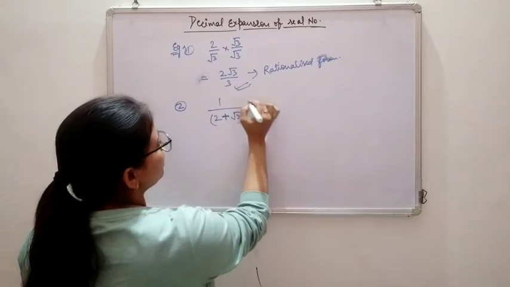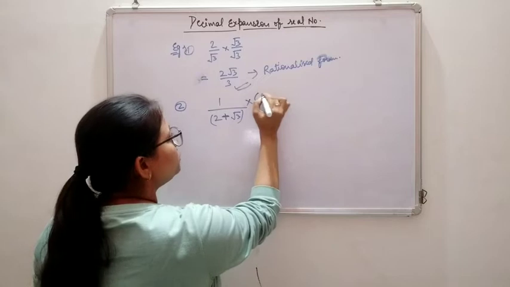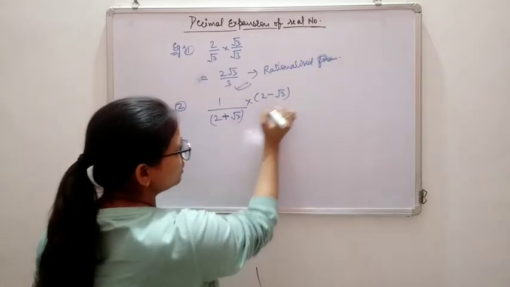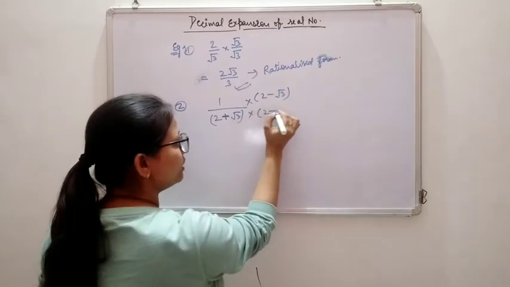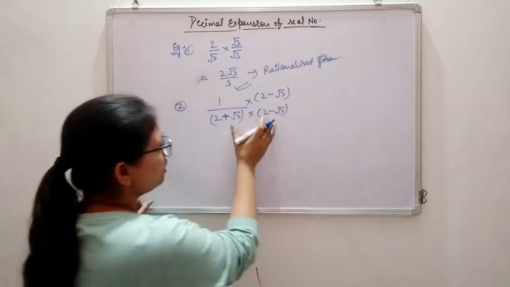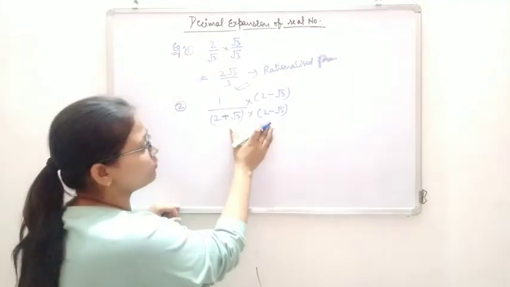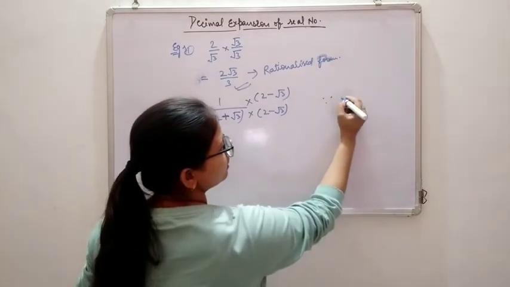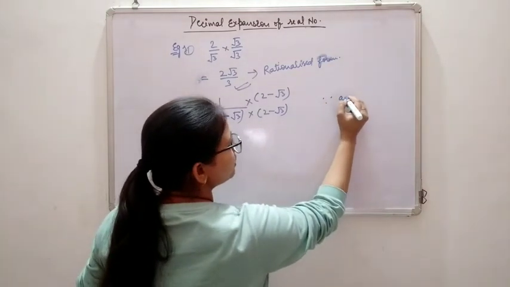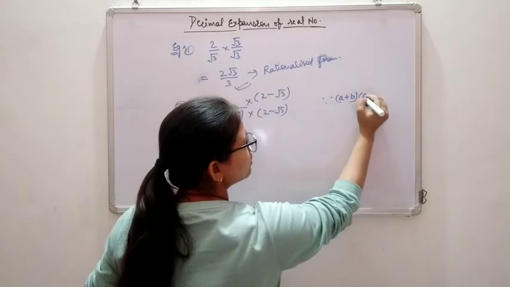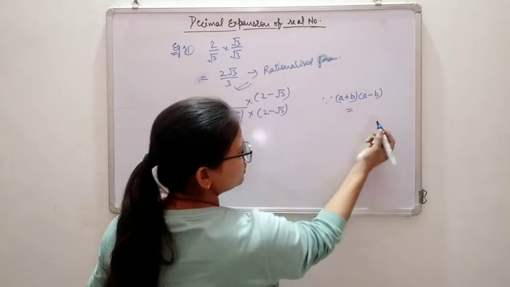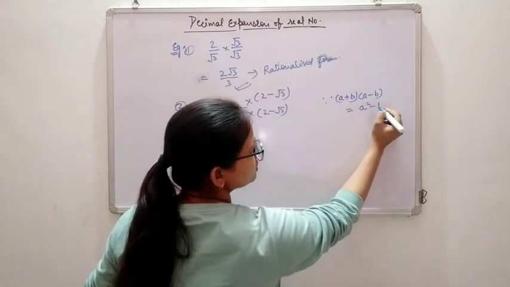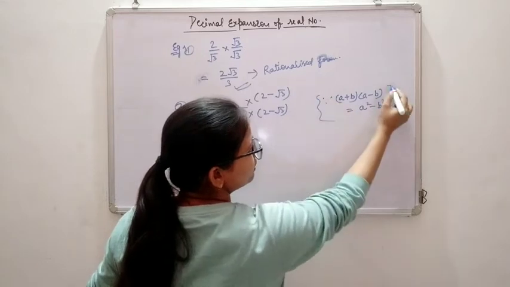So let's multiply with 2 minus root 3 here and here also. You can see this is the form of a plus b into a minus b. So what does the identity say for a plus b and a minus b? This will be a square minus b square, right?